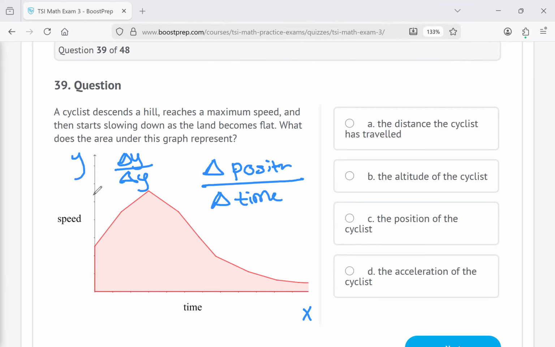Our y is the speed, which is this position, and our x is time. So that would be, oh no, never mind.